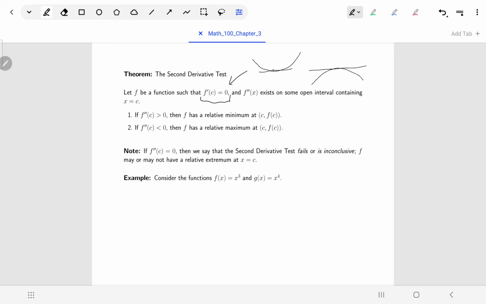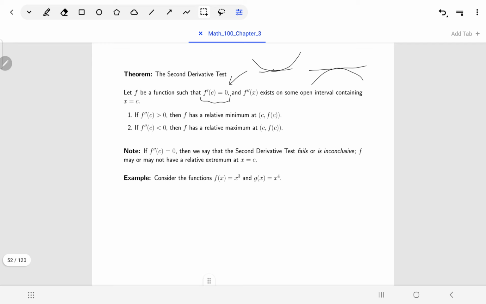And then finally, if we're thinking about concavity and how that plays into things, if you are a minimum, then your concavity for that local minimum should be a concave up kind of shape. And if you are a maximum, then your concavity should be a concave down kind of shape. And of course, second derivative being positive means we're concave up, and second derivative being negative means we're concave down.